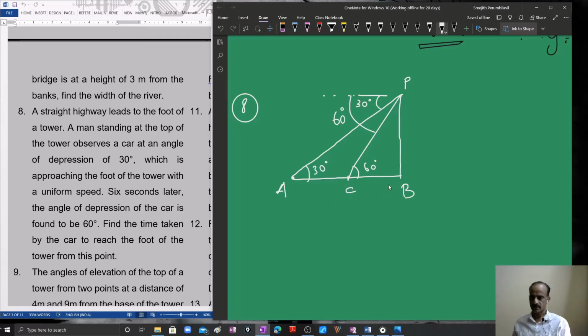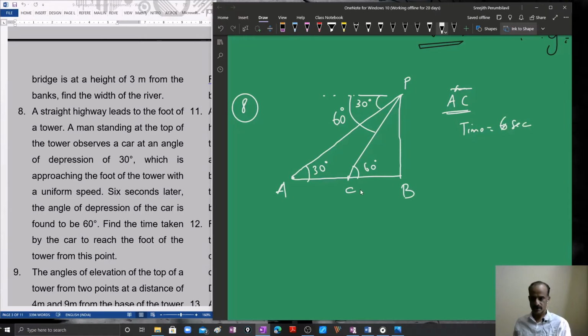In this question, this is a beautiful question where the height of the tower is not given. The only thing is, for the distance CD, the time taken is 6 seconds.